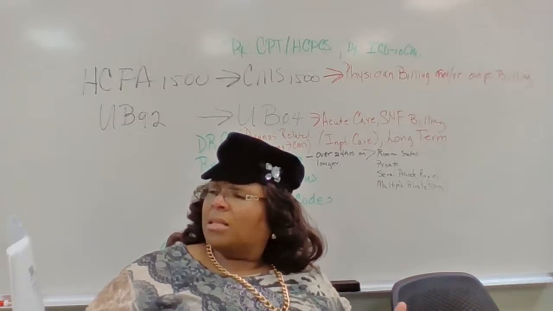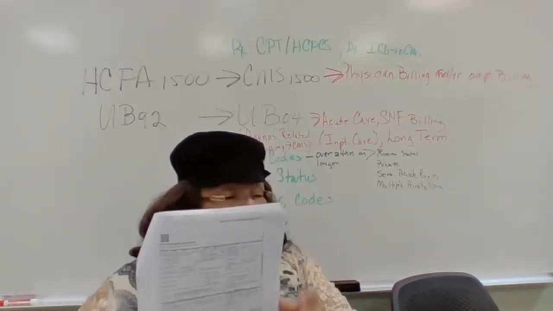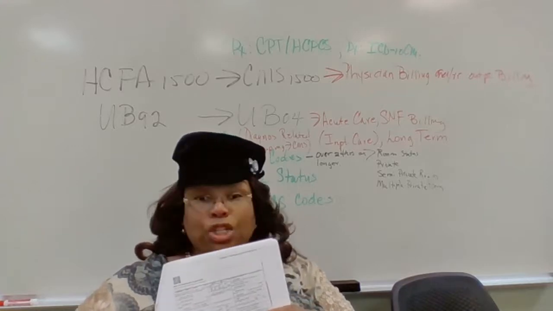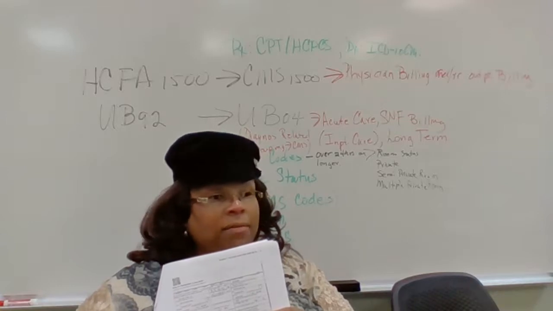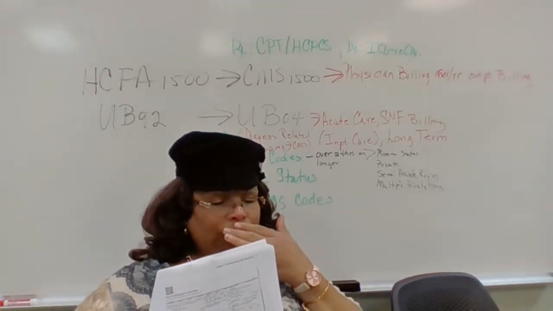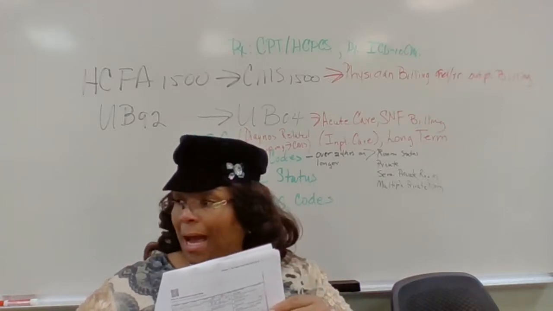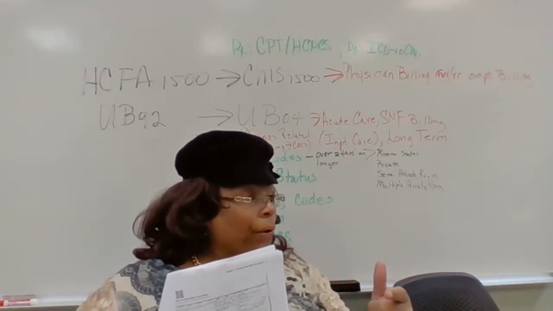Now, look at box 1A, insurance ID number. Somewhere in your exercise, it's going to tell you how to read an insurance card. On the insurance card, it's going to have the person's name. It's going to have the subscriber ID number that is significant to the subscriber.